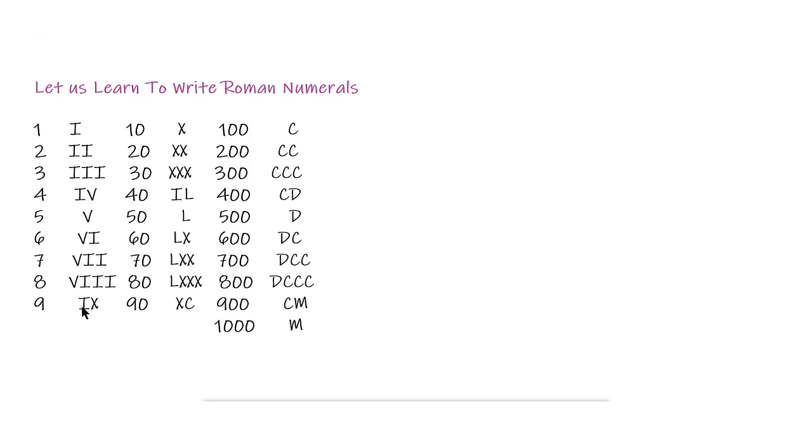X is 10 and I is written prior to it, so it becomes 10 minus 1, which is equal to 9.